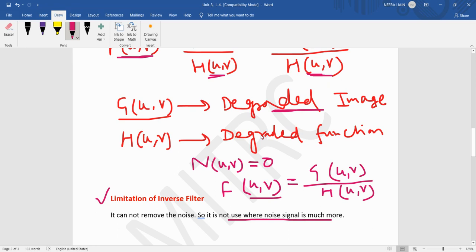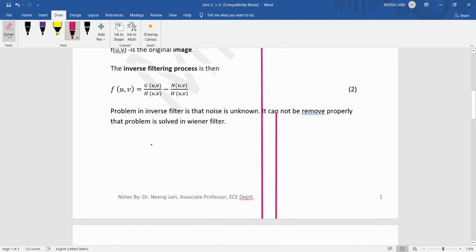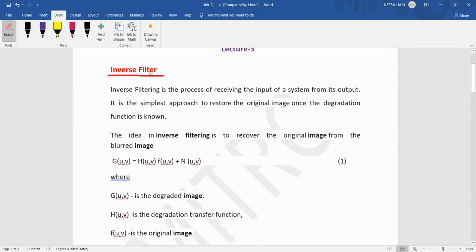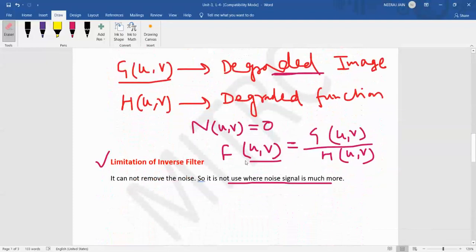If we are not able to completely remove it, then we can reduce it. In this way we have seen what our restoration process is, and how the inverse filter is designed for the restoration process. Okay, thank you very much.